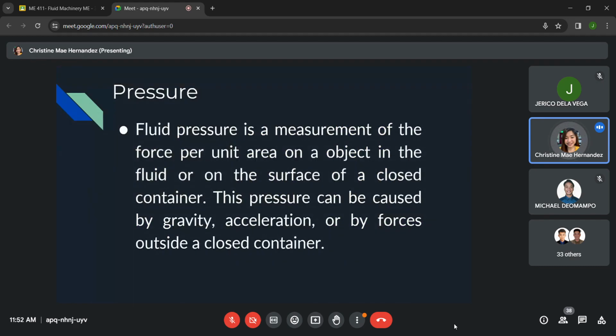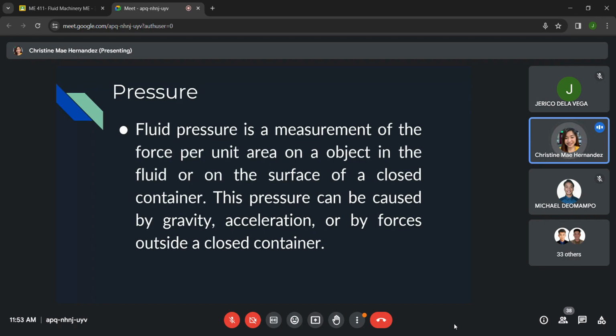Next one, pressure. Fluid pressure is a measurement of the force per unit area on an object in a fluid or on the surface of a closed container. Since a fluid has no definite shape, its pressure applies in all directions. Hindi niyo siya mararamdaman, pero meron kayong pressure na tumatama sa inyo.